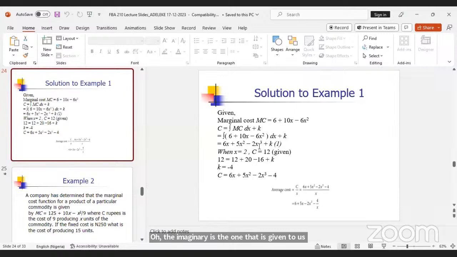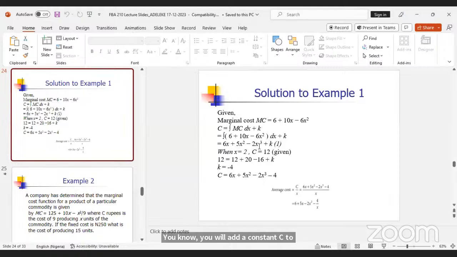So we are using the marginal to derive our total. And I said the relationship between them is actually integration. So if you are given the marginal and you are asked to get the total, what you need to do is to integrate. So when you integrate, you get the total. If you are doing indefinite integral, you will add a constant c to it.